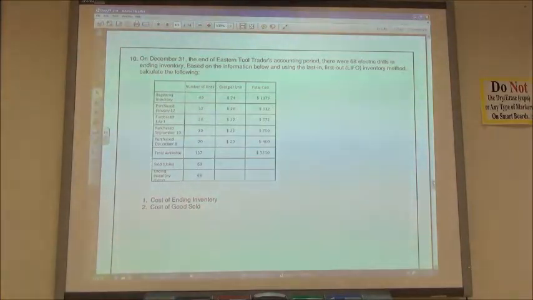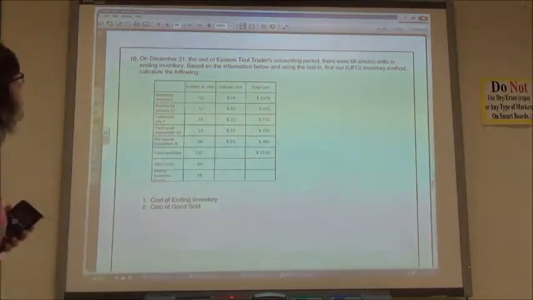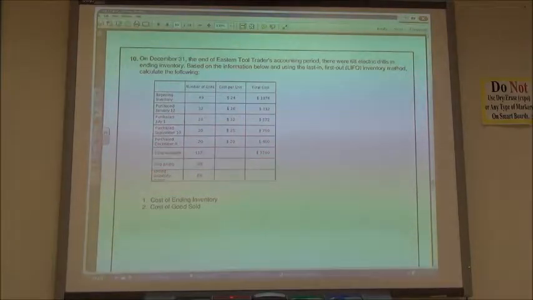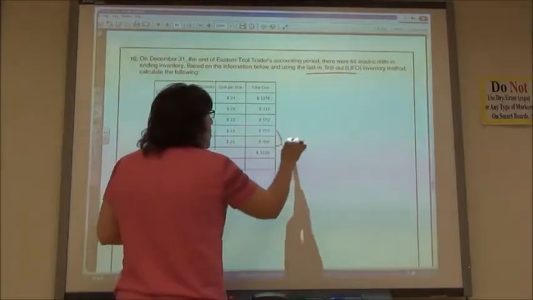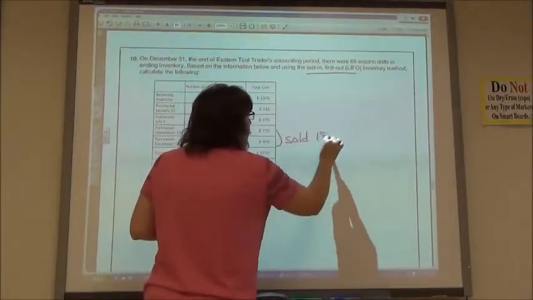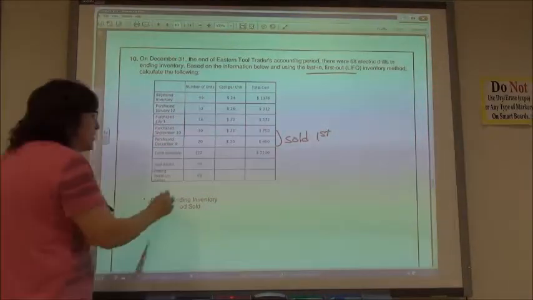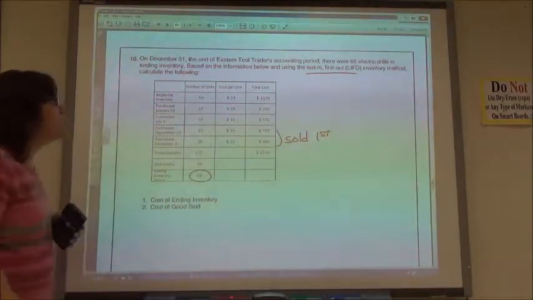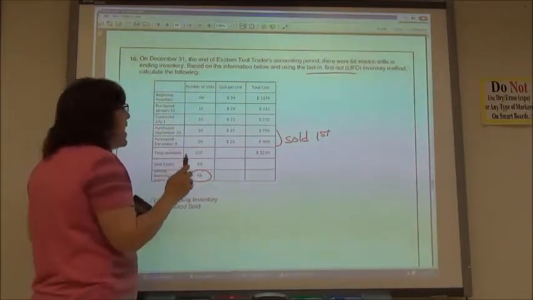It says on December 31st, the end of Eastern Tool Traders accounting period, there were 68 electric drills in ending inventory. Based on the information below, using the last in, first out. The last in were the first ones sold. Calculate the following. So I have 68 items left in inventory, which means the oldest stuff is what I have left.